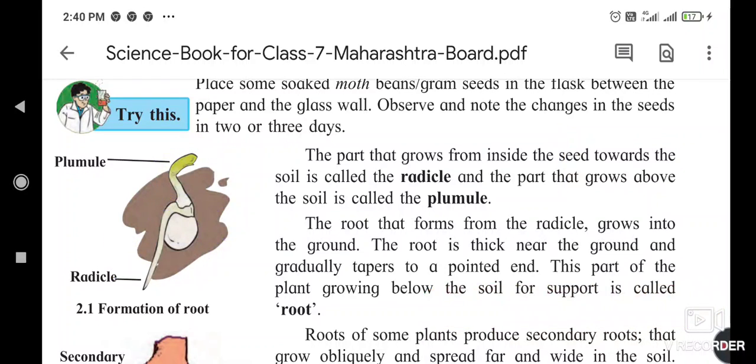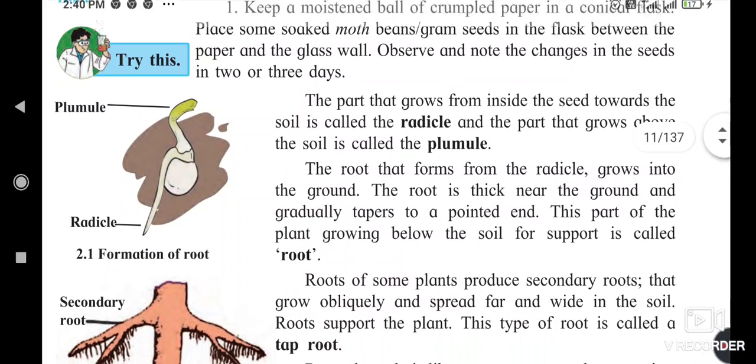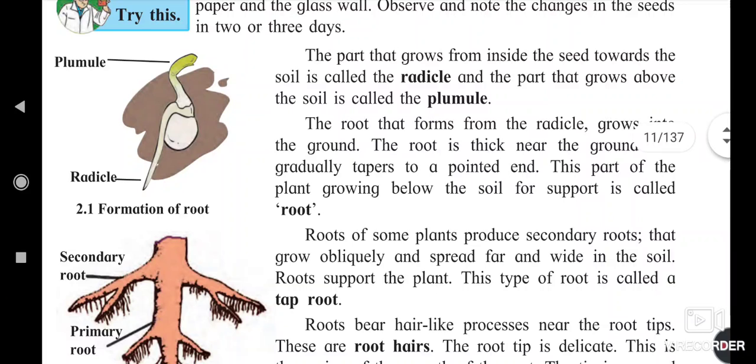The root that forms from a radicle grows into the ground. The root is thick near the ground and gradually tapers to a pointed end. This part of the plant that grows below the soil for support is called the root.